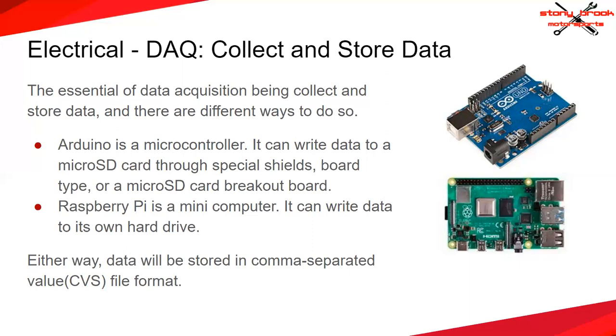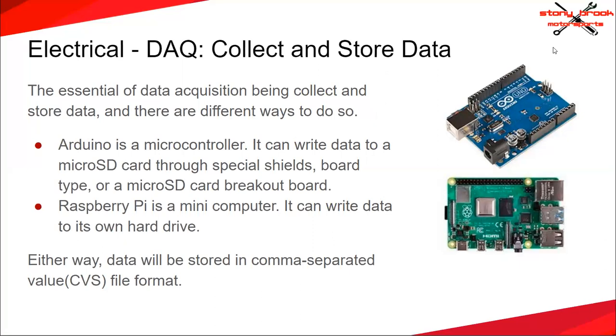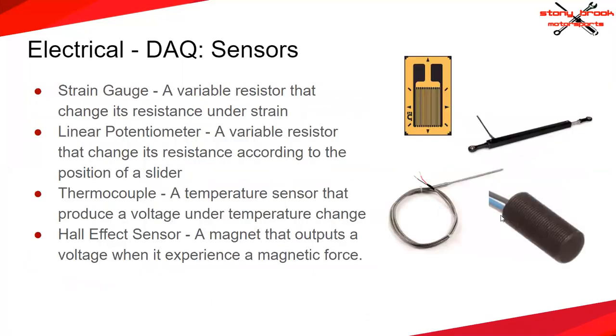Anyway, regardless of how you collect the data, it should be stored in a comma separated values file, or CSV file. It's basically a format where a comma separates columns and a new line separates rows. This way, the file can be opened up in Excel and you can do whatever statistics you like. Next slide.